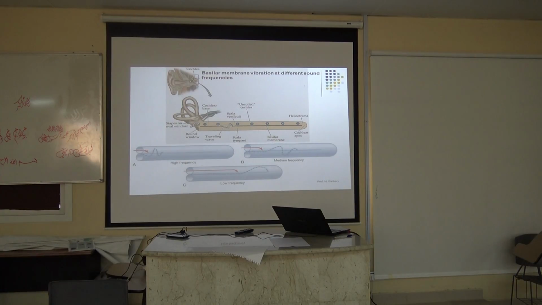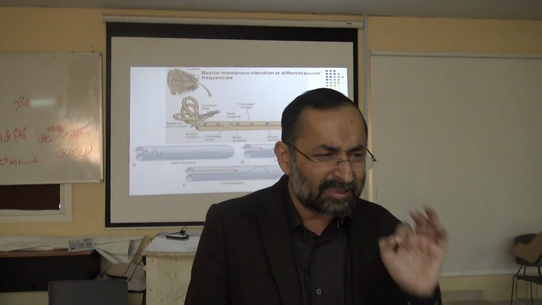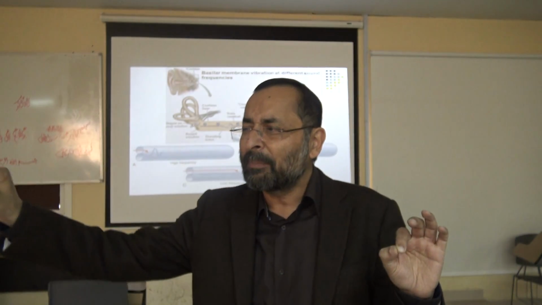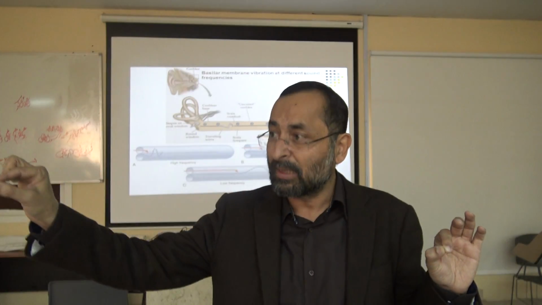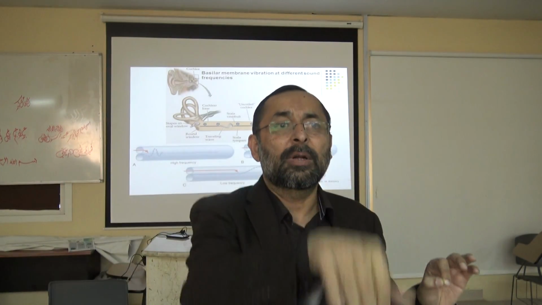It means there is a place principle or a place theory which says that in the basilar membrane there are thousands of fibers and each fiber is set for a particular frequency of a sound. When that particular frequency sound comes into the basilar membrane, it will locate its own area and it will try to vibrate that area maximally.